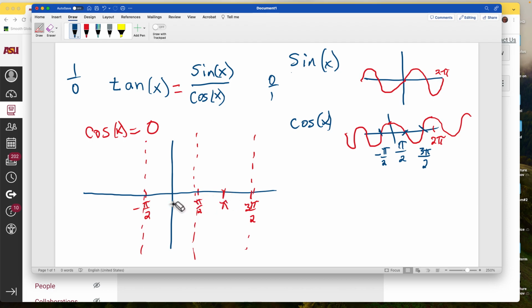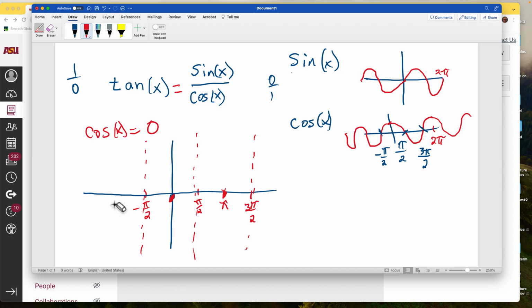At 0, at pi. So we can set that. I switch colors. So we should have crossings right there and there. Everywhere sine is 0, we will get it crossing the x-axis. Those are our x-intercepts. That's where y equals 0.